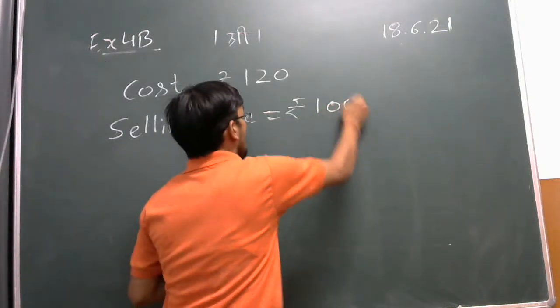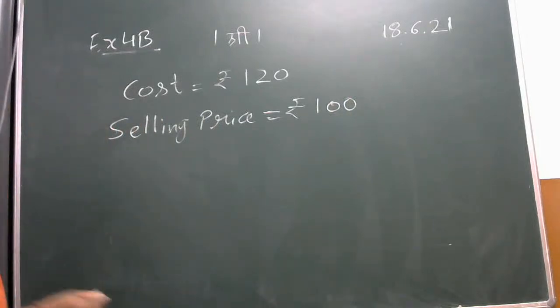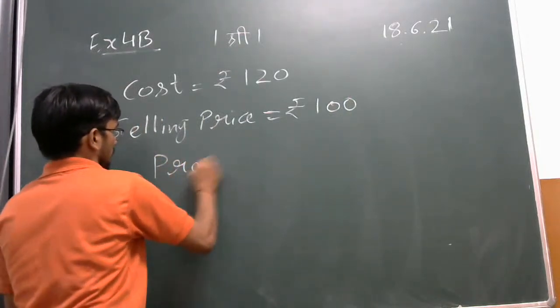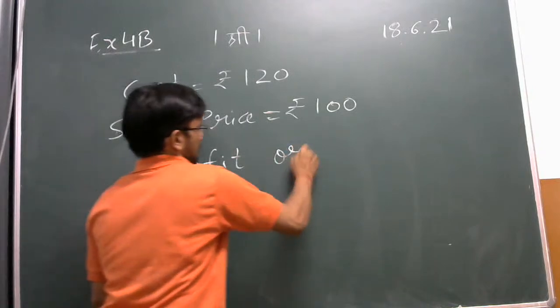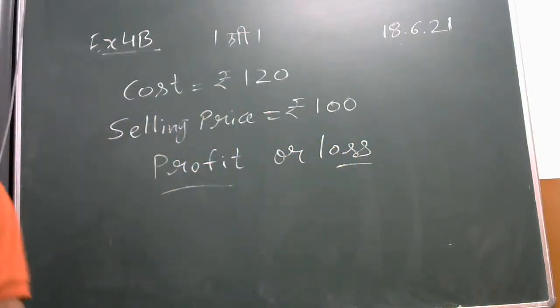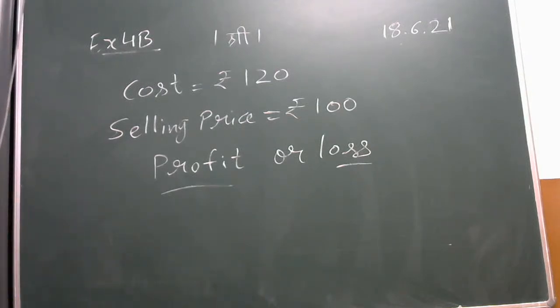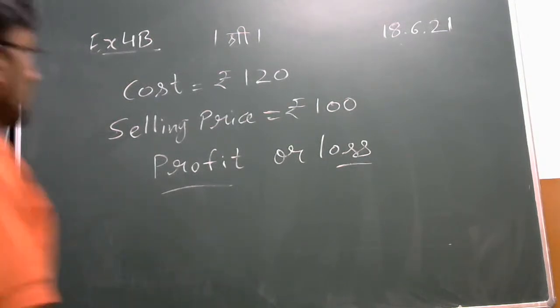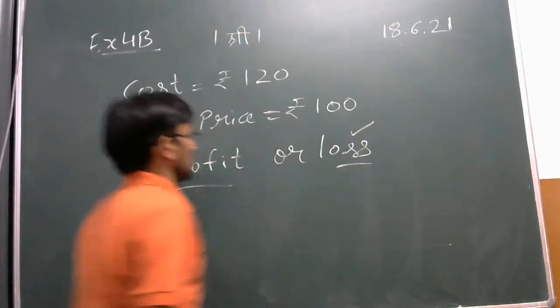Suppose I sold it at 100. So what do I have? Loss. Parth is telling we faced a loss. Why did we face a loss?